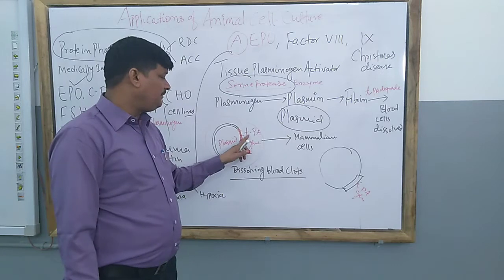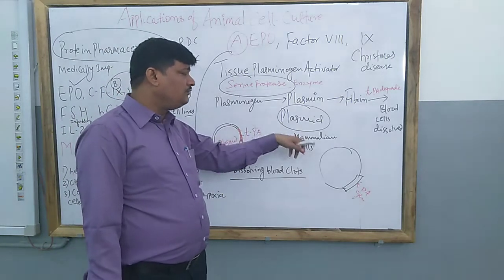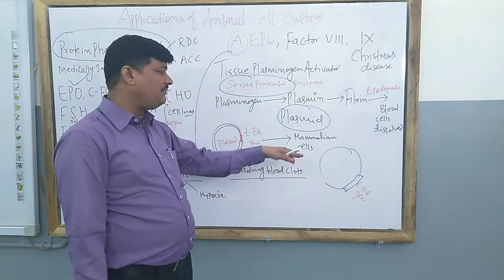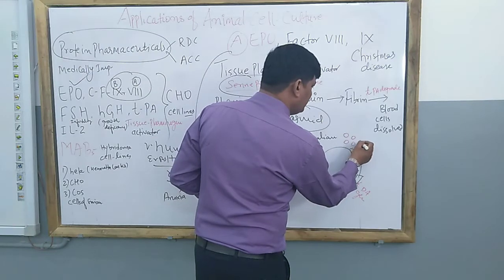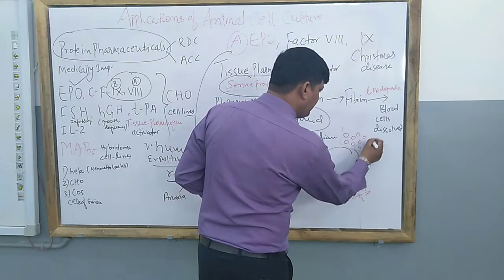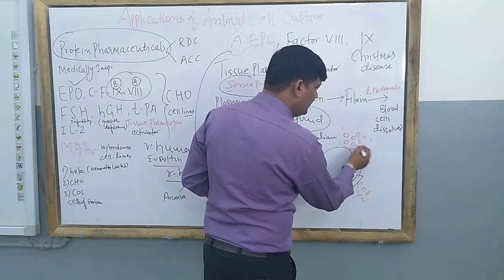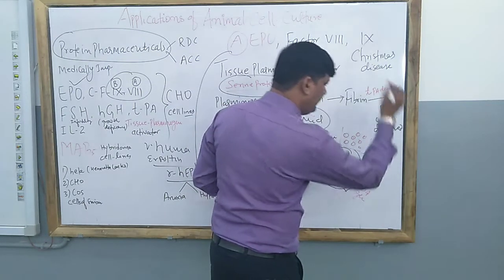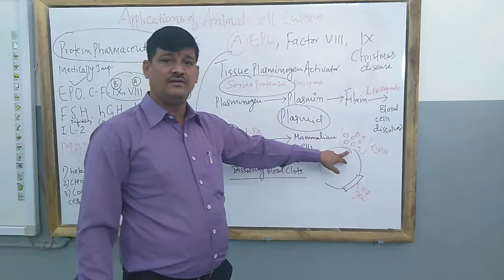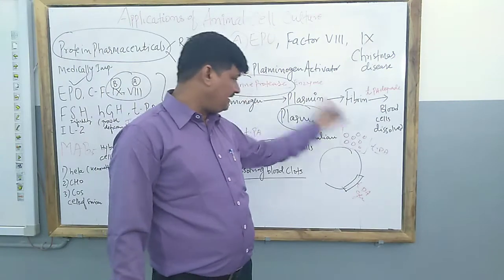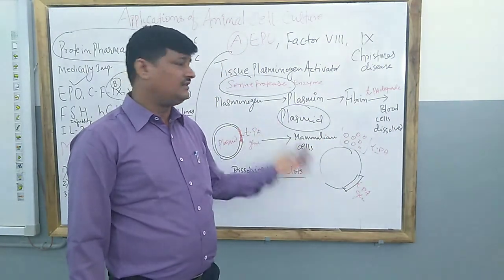After the insertion of the TPA gene into the relevant plasmid, it is introduced into mammalian cells. These mammalian cells are put in matrices and they are now able to form TPA. And when this TPA is given to the patient, it works without harming the other cells.